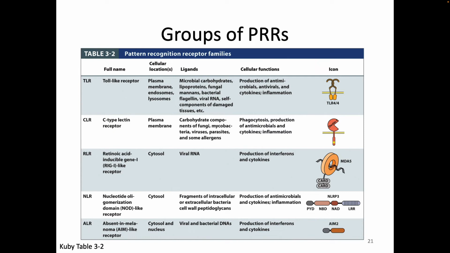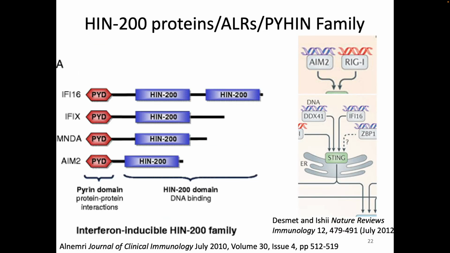So if you were going to guess, you were going to predict, what kind of transcription factor might the ALRs be related to? Yeah, Jay? IRF. Because, again, nucleic acid sort of ties into the antiviral response.